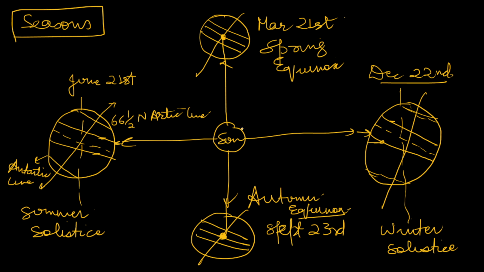Now we will also see the apparent movement of sun. This is equator. This is 23 degree and half.